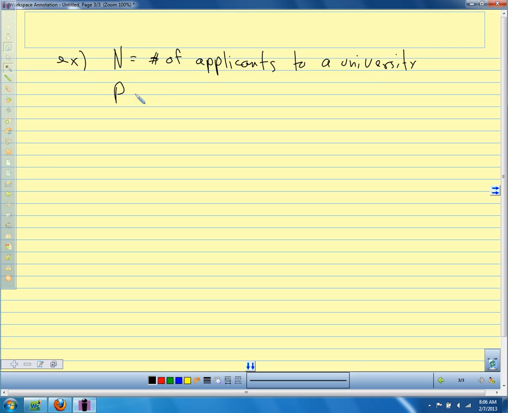P is the dollars for food and housing, and T is tuition.